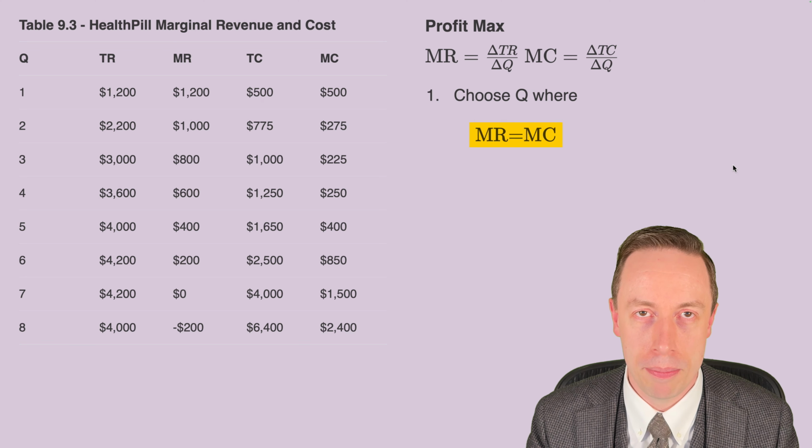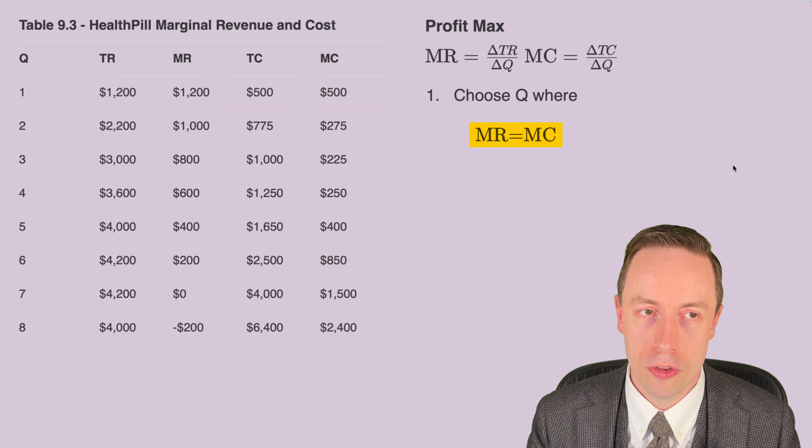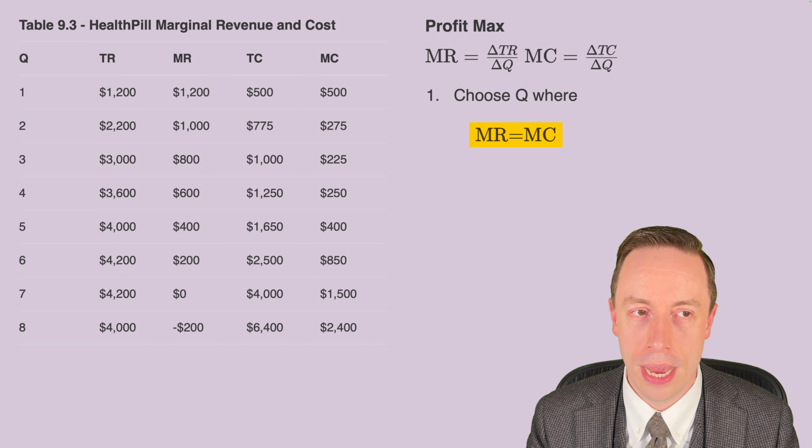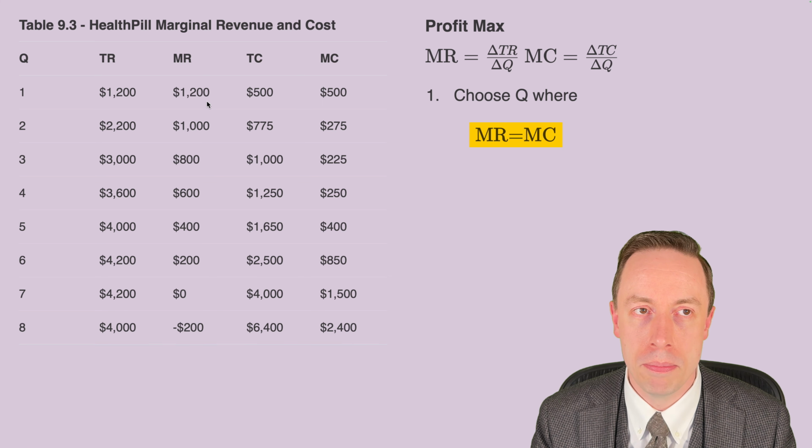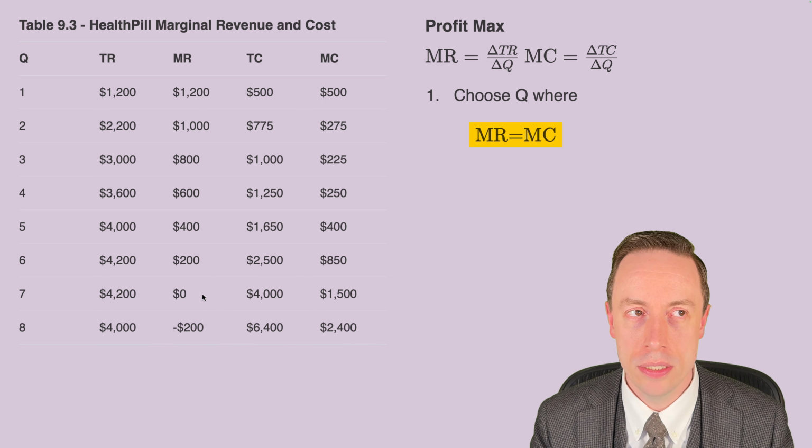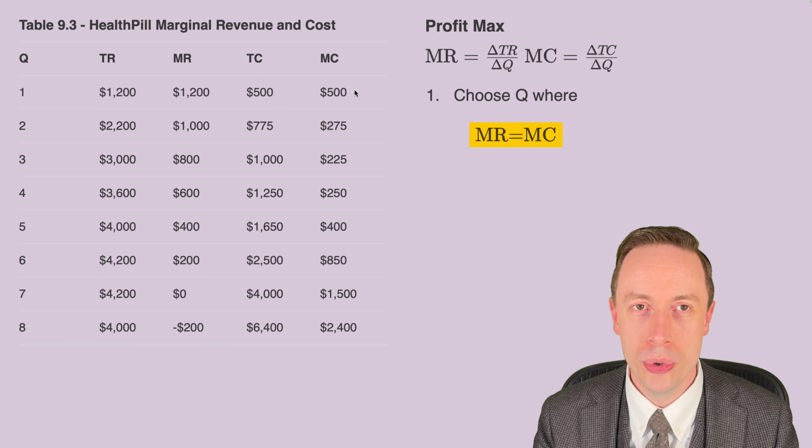First, using the numbers. So here is our health pill company again, and we've already worked out marginal revenue beforehand. And this time, sort of for you, here is the marginal cost of that company.